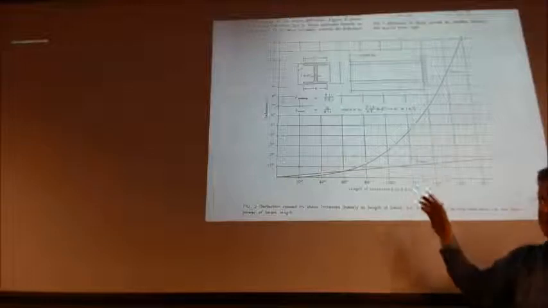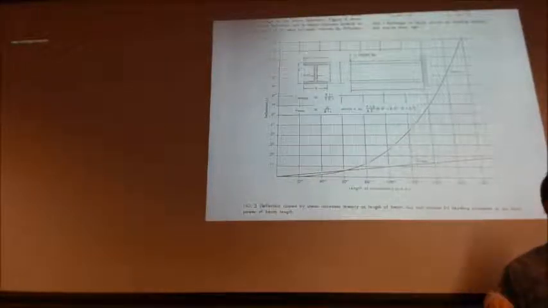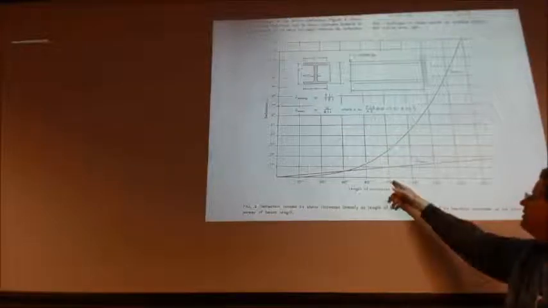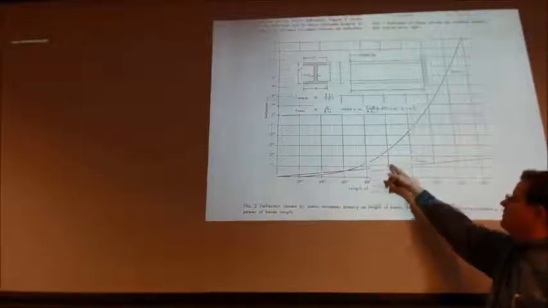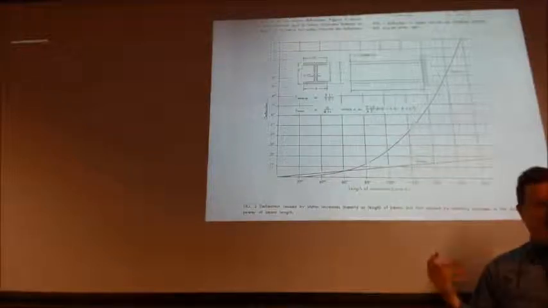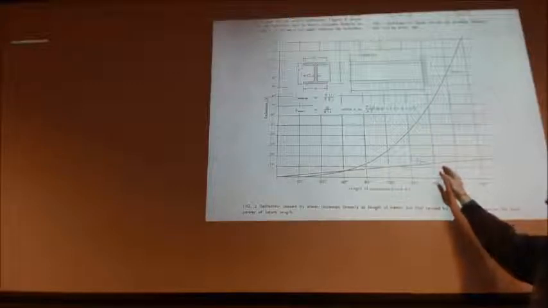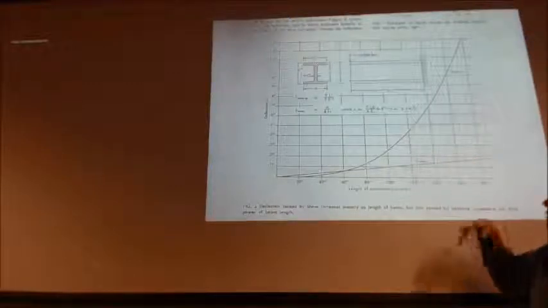So typically we say 10 to 1 or greater, we can ignore the effects of shear, but it's almost half still. So it depends on the shape and the size of what's going on, but just as an example, this is how much shear can affect what's going on.